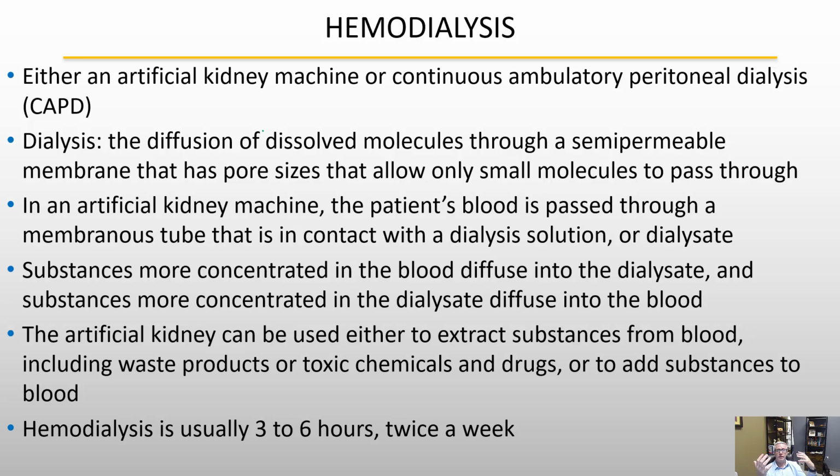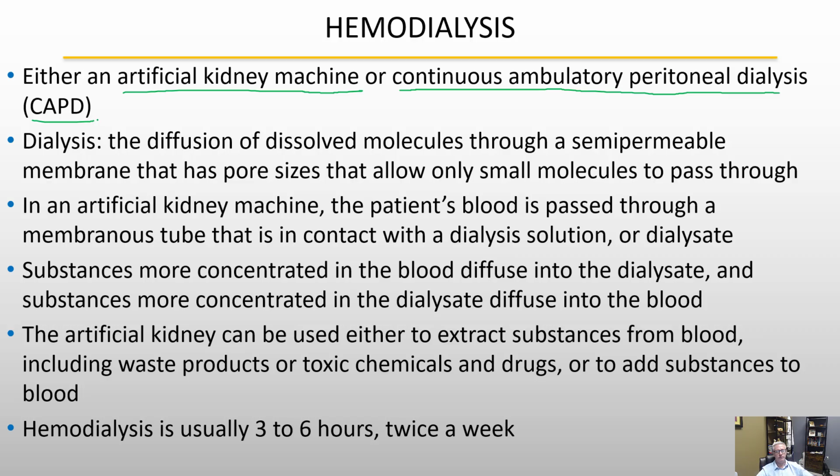We have different mechanisms for helping out a patient who can't do this. We call this hemodialysis, or dialysis would be the general term for it. We can use an artificial kidney machine, and that would be hemodialysis, or we could use this thing called continuous ambulatory peritoneal dialysis. It's called CAPD.